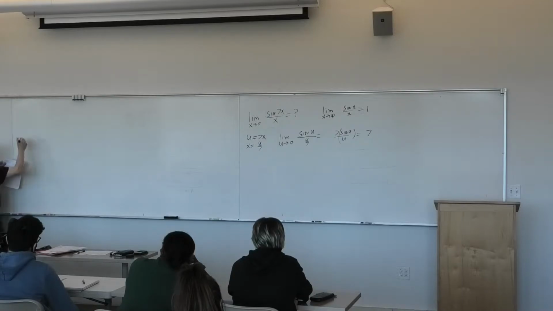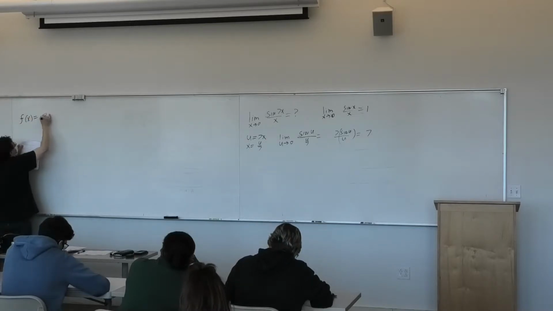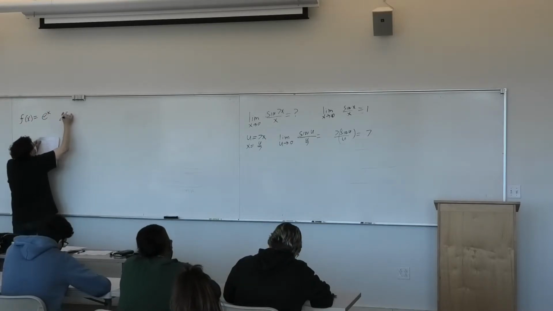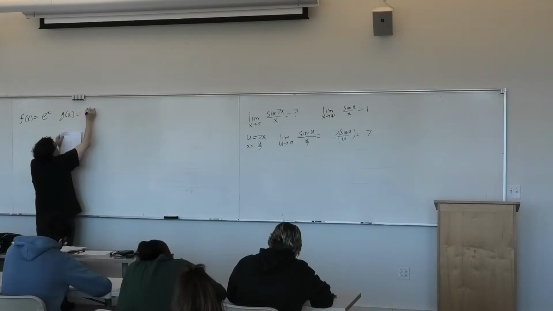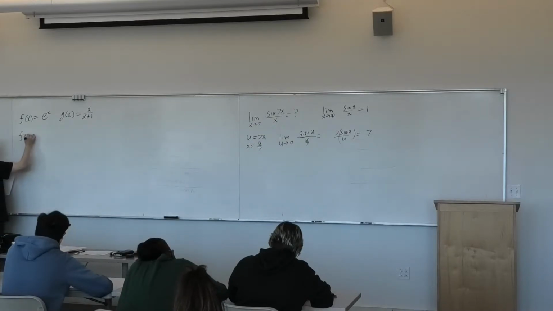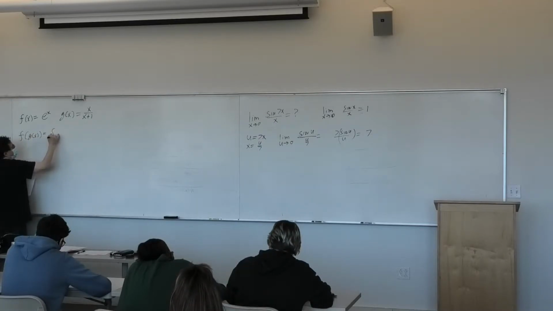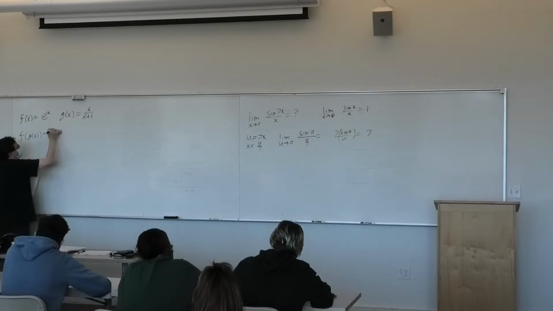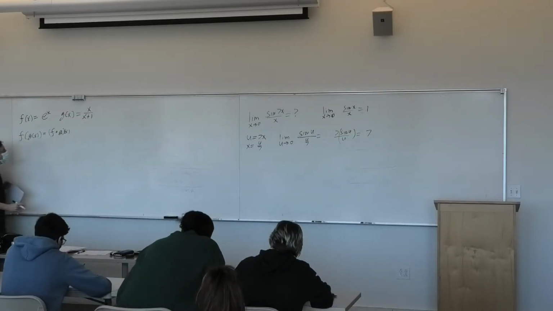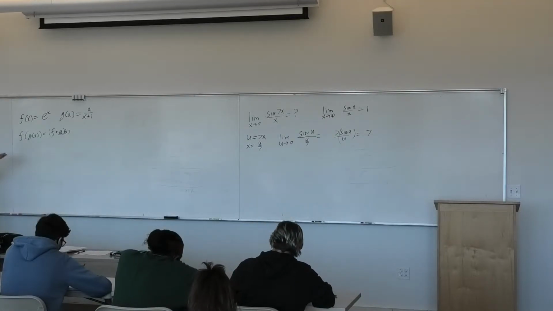I'll do one here. We have f of x equals e to the x, and g of x equals x over x plus 1. The first problem is, what is f of g of x, which we could also write f circle g of x. This is the way I think of it. You want a visual way to think about how this works.